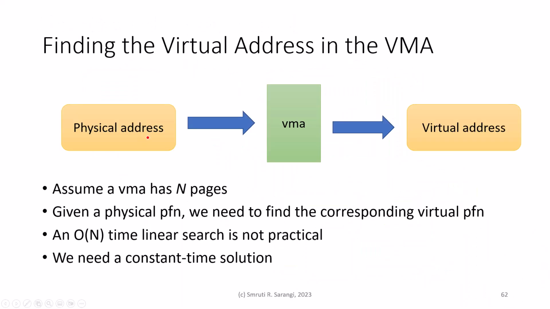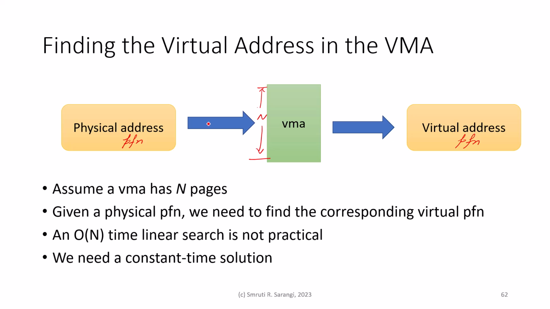We are not fully done yet. We have simply located the VMAs, but given a physical address, which let's interpret as the page frame number, we need to go to the virtual page frame number, and this part is not done yet. So assume that the VMA has capital N pages. Then given a physical PFN, this translation has to be done.